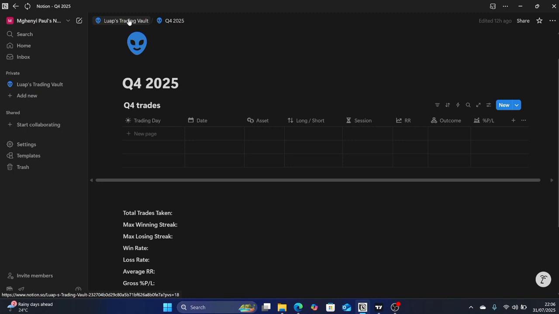That means your psychology will likely not be messed up when you discipline yourself on taking only the higher probability setups. Your psychology will always be intact. Because when you mess up your psychology, even if your technical is good, you're done, your account balance is done.